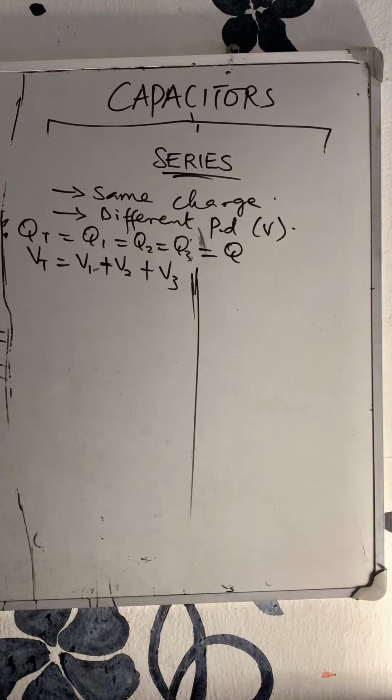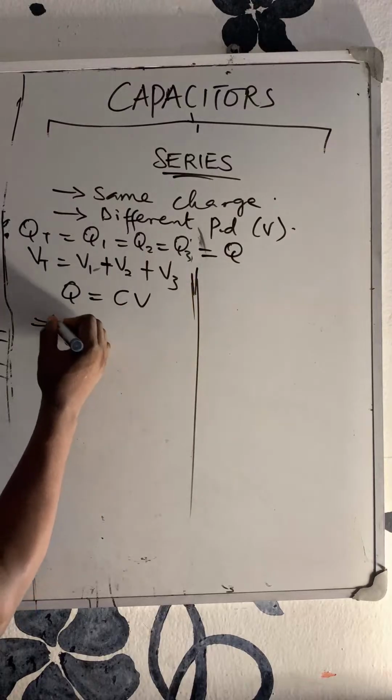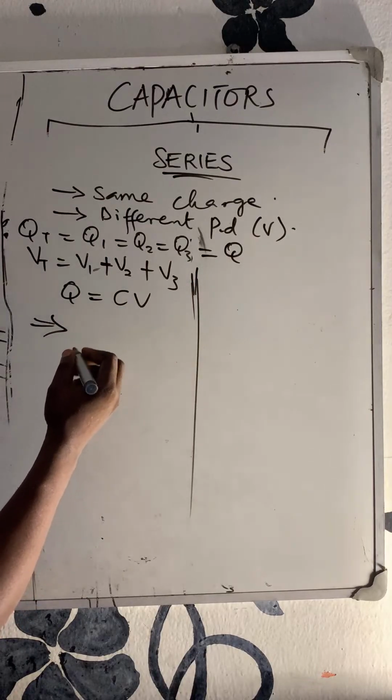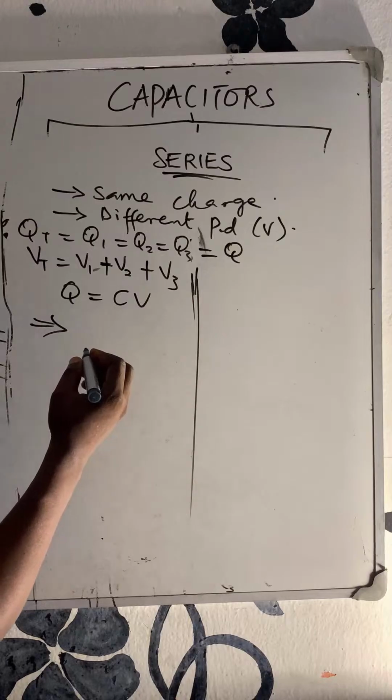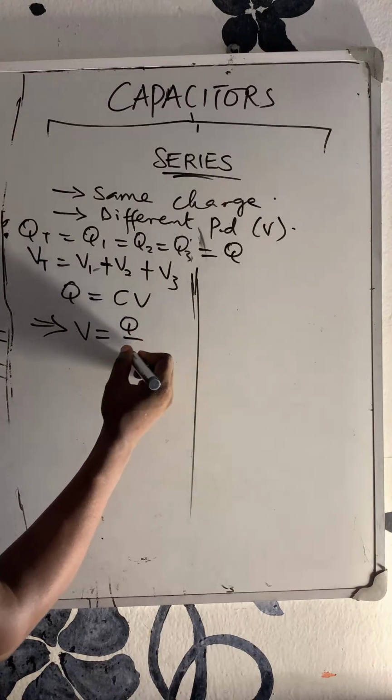Then, moving on, don't forget that Q is equal to CV, which implies that V is equal to Q over C.